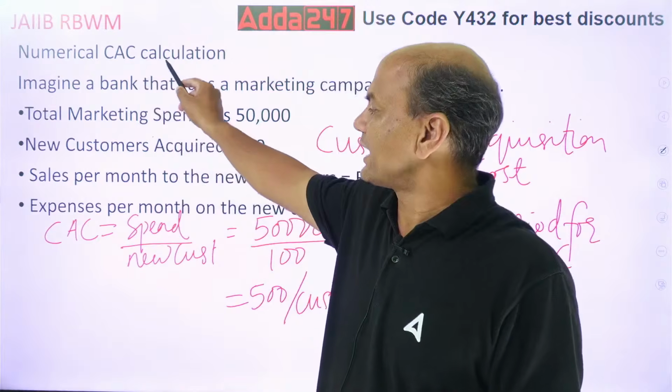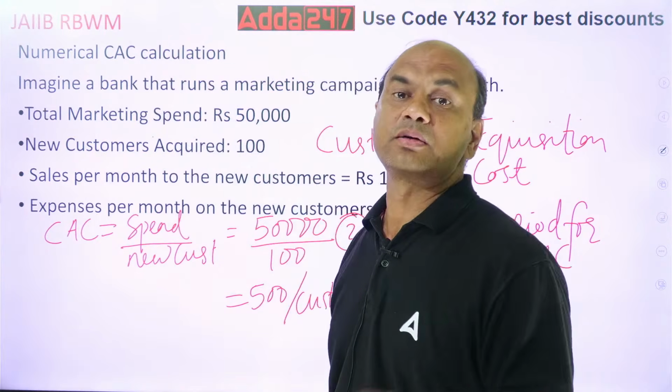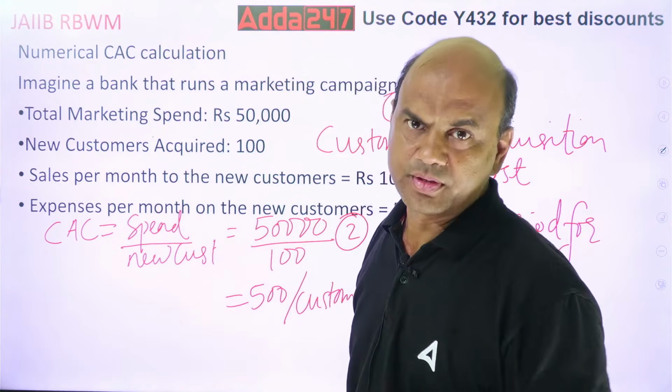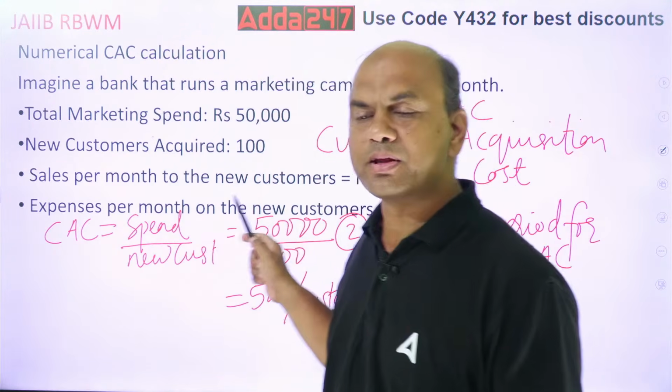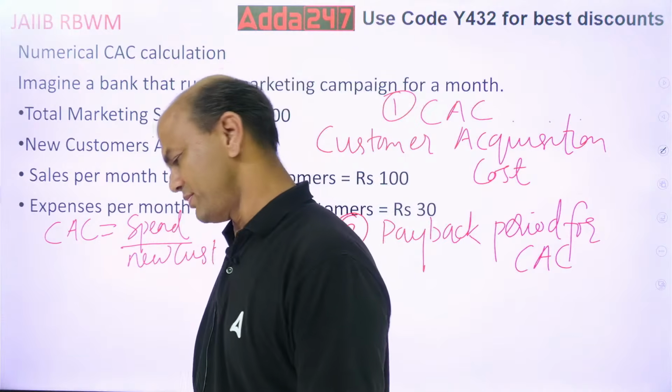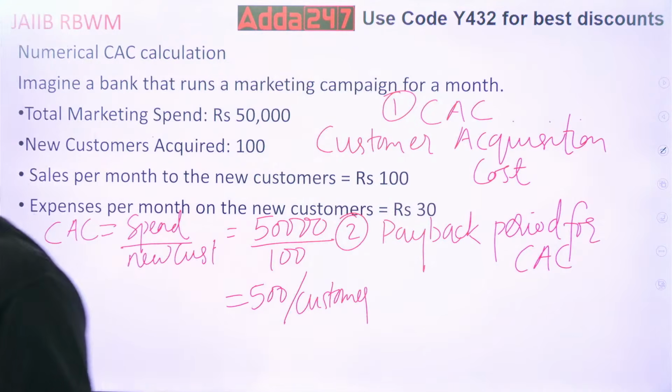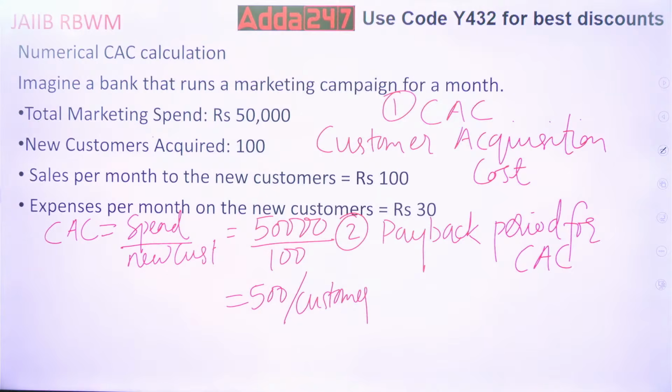CAC calculation. What is CAC? Customer acquisition cost. In which chapter is this? Anyone can tell me which chapter this is?